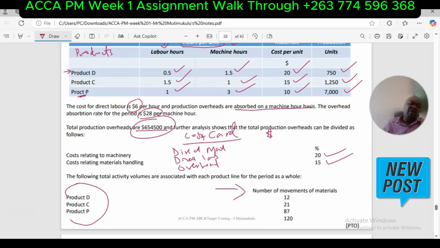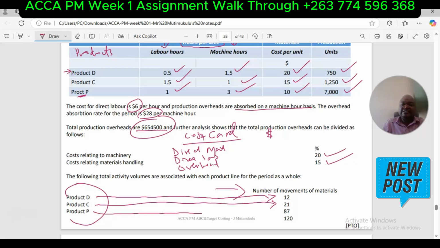For example, if we are looking at product D, this product will take 12 movements. Product C will take 21 movements of materials. So we can see that the cost driver of handling materials is actually the number of material movements.